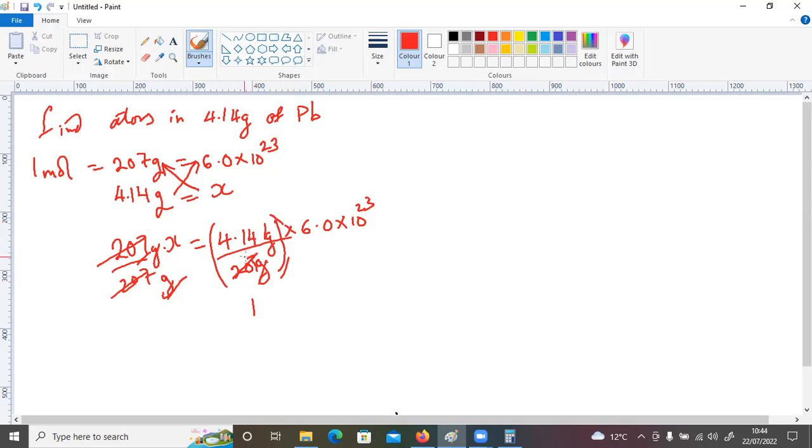That's the mole there. That's why I said you don't need to remember the formula. The moment you substitute correctly, the formula will show itself in there. So we are dividing 4.14 by 207.